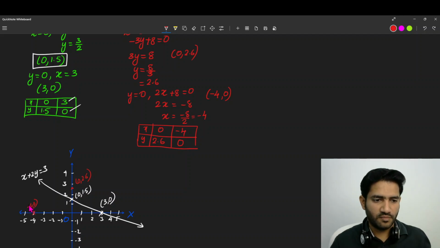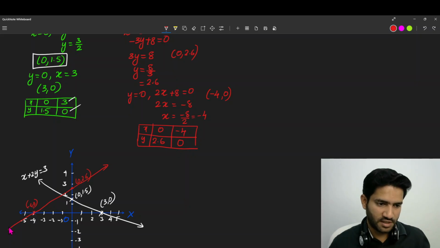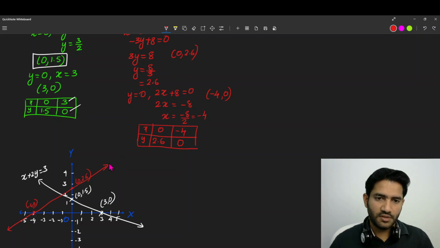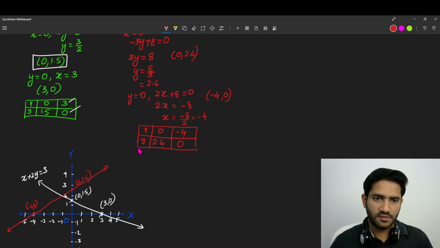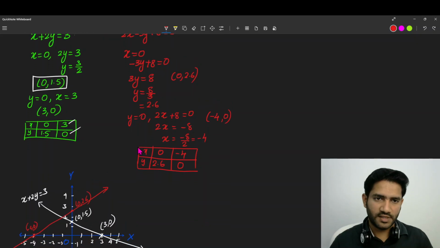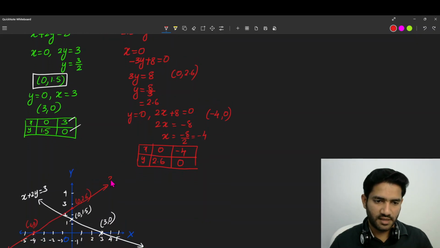In the examination there is no need to use colors, you can use a pencil, that's enough. It's just for better understanding that I change the color. In the examination you use a pencil for that. So this line is for the equation 2x minus 3y plus 8.